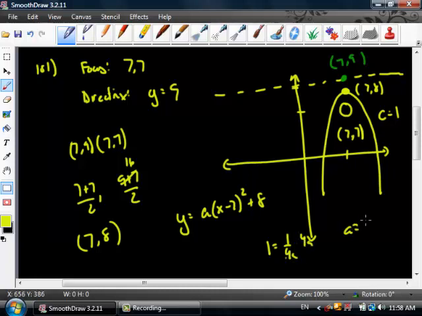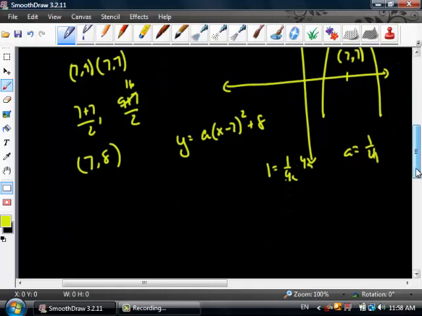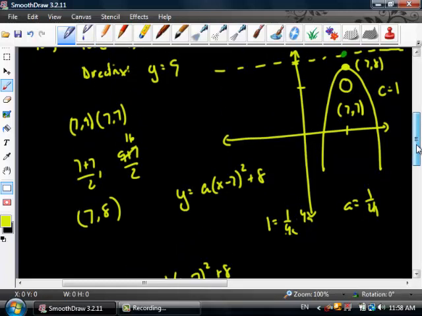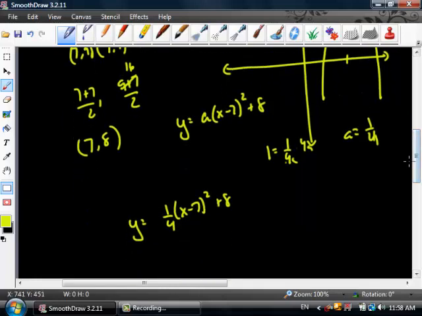So a equals 1/4. So that means that my final equation is going to be y equals 1/4 x minus 7 squared plus 8. However, what type of parabola was this from the start? Downward facing, so it's not 1/4, it's actually negative 1/4. Good.